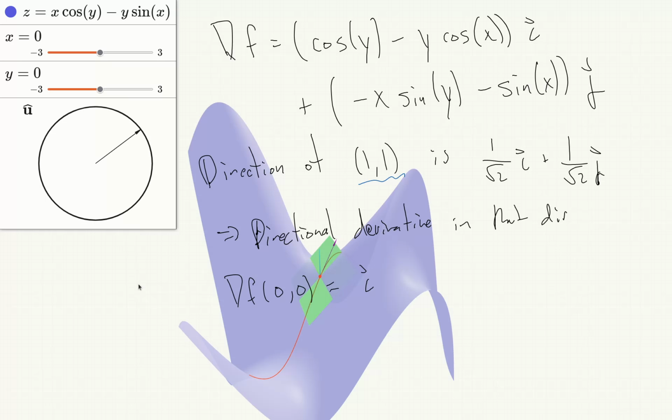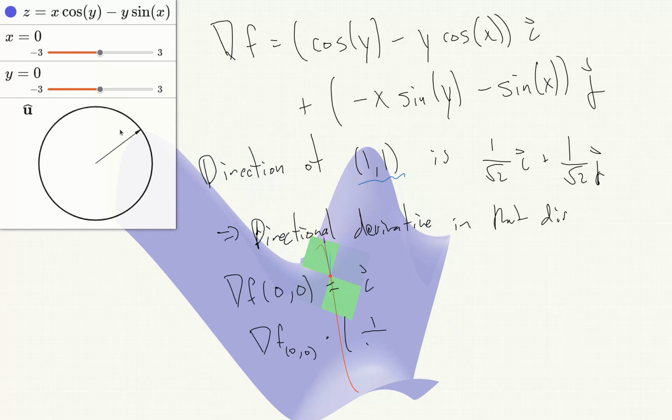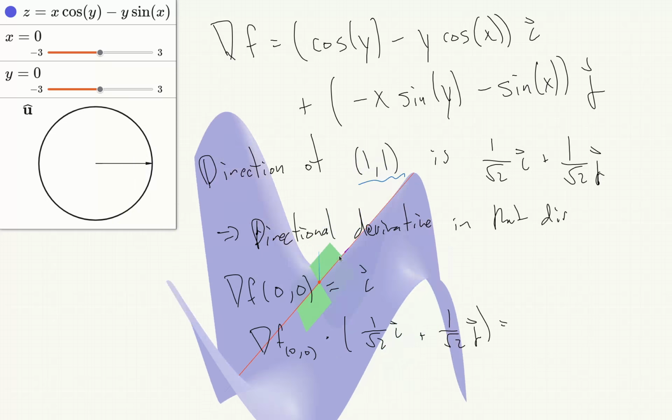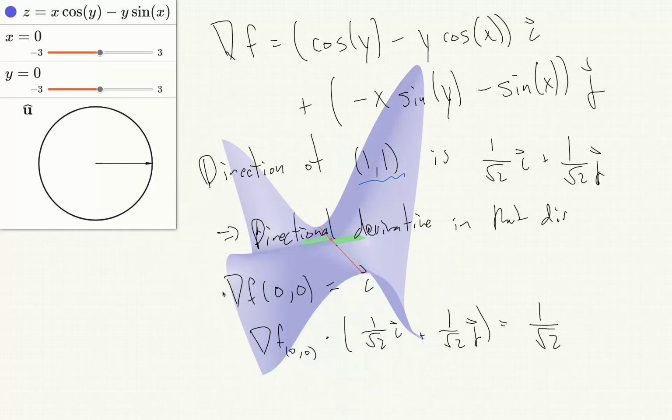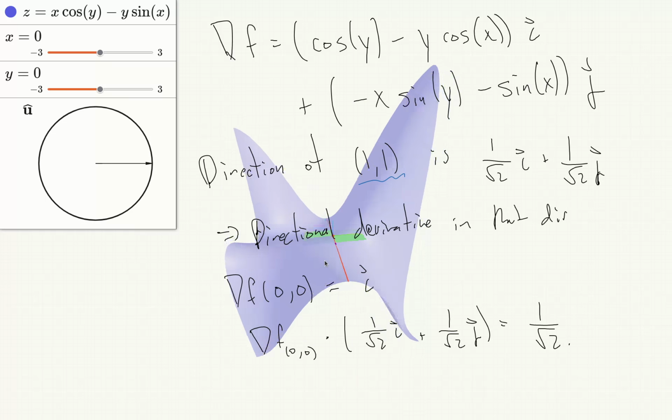And so grad f at (0, 0) dotted with 1/√2 i + 1/√2 j is just 1/√2. And so this is the slope of the tangent line.